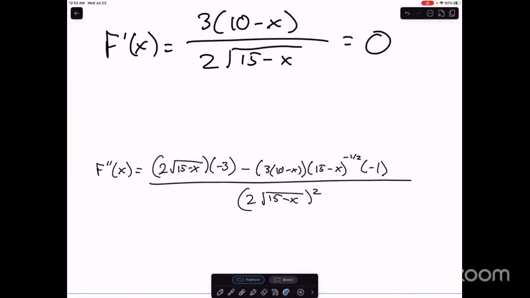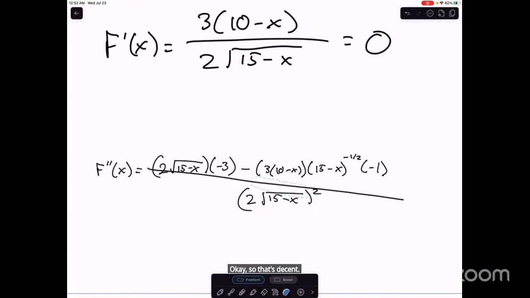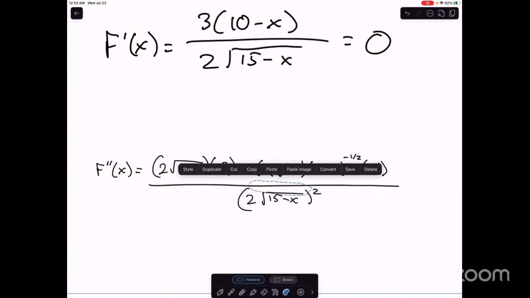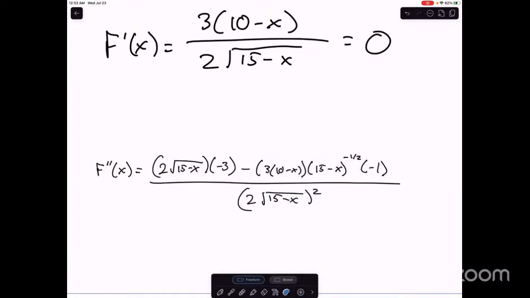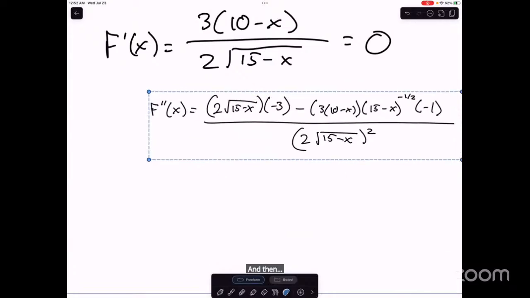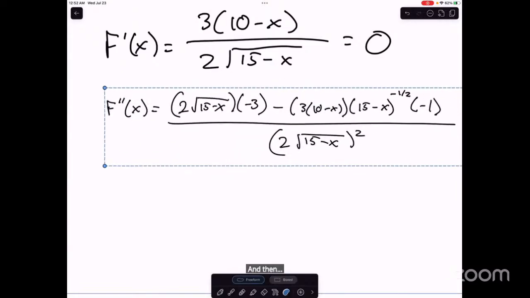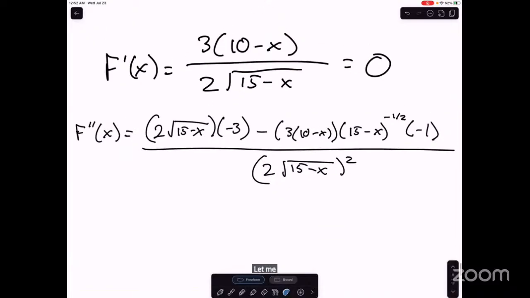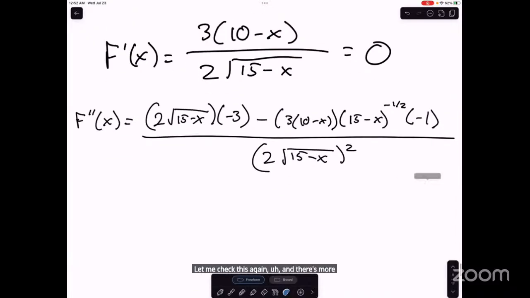I guess that's decent. It's kind of irking me. Okay. And then, all right. Let me check this again. And there's more. I'll try to go back and simplify it.